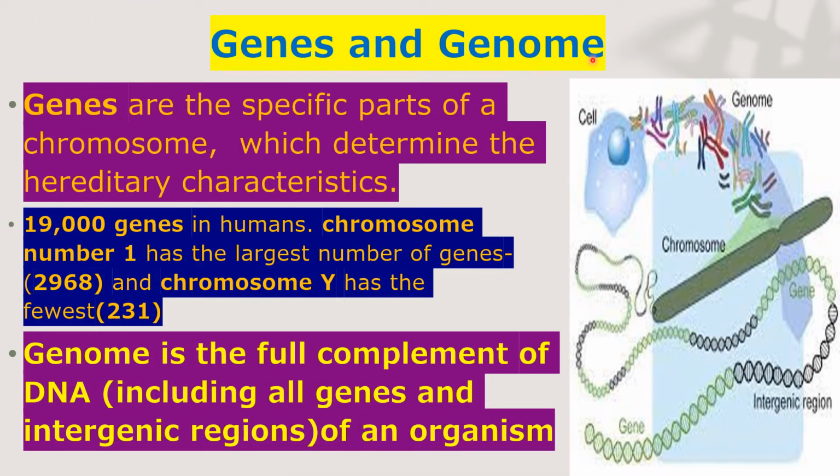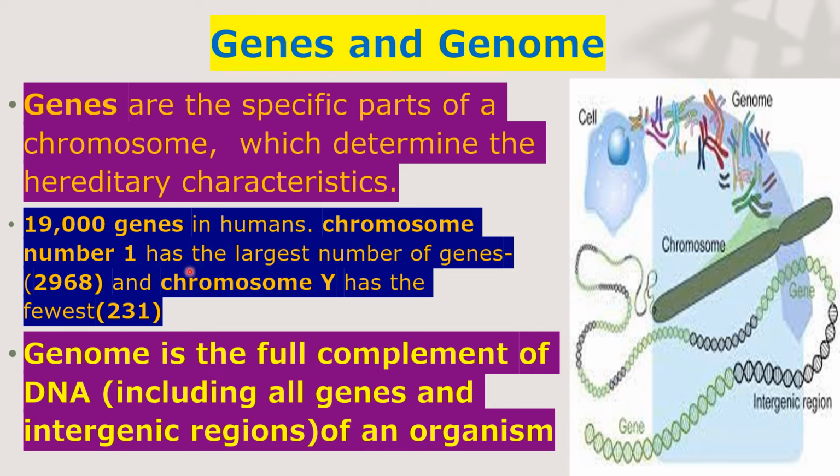Genes and genome. Genes are specific parts of a chromosome which determine the hereditary characteristics. Here you can see there are 19,000 genes present in humans.